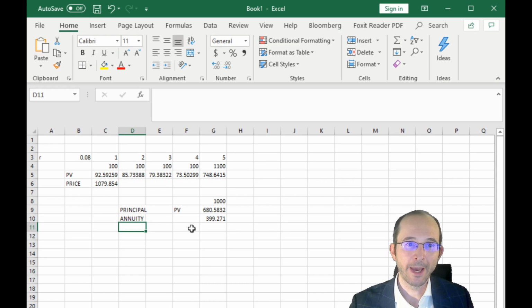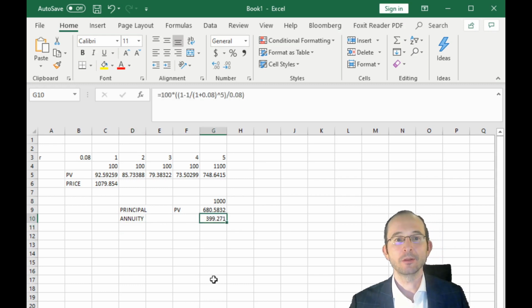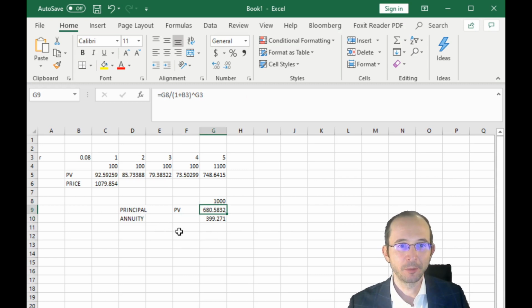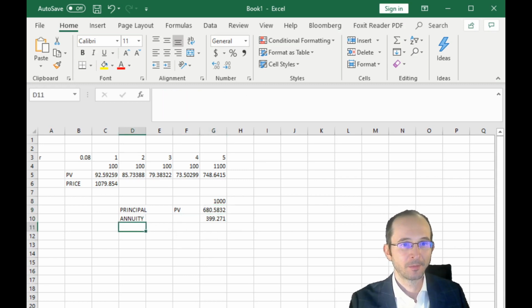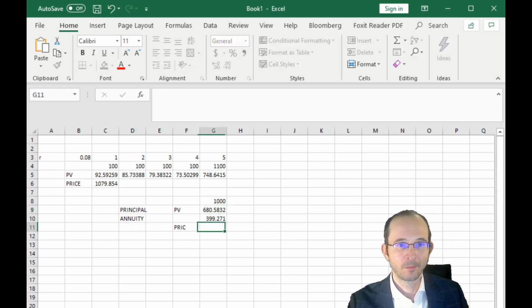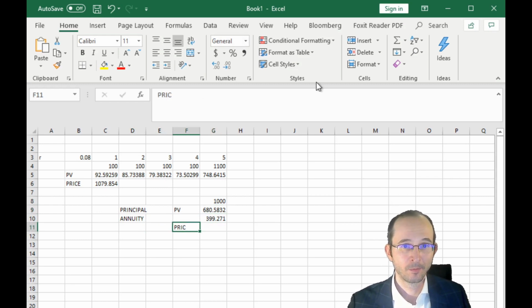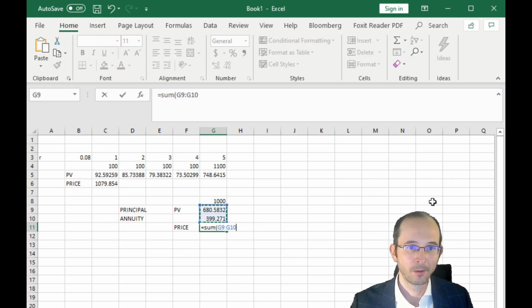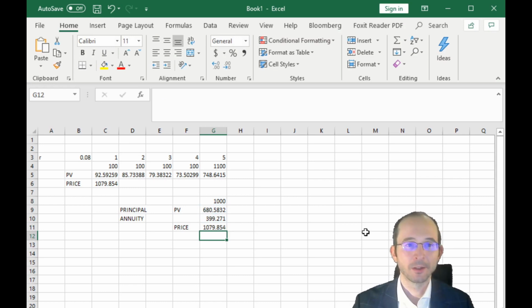And now if we add up the present value of the annuity, the 399.27, and the present value of the principal repayment, the 650.58, we see that we get the same price of this bond, 1079.85.